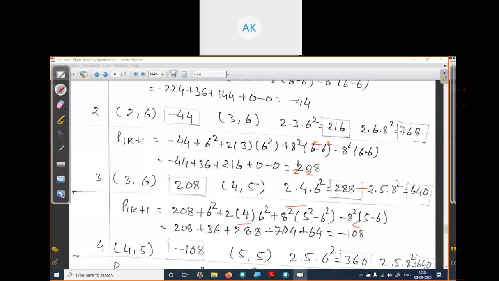Again calculate, and you will get 202. As you can see, it is a positive number, which means the descent parameter is greater than or equal to 0. Then x moves with unit interval, 3 plus 1 is 4, and yk plus 1 will be yk minus 1, 6 minus 1 is 5. Calculate our condition again. As you can see, 288 is less than 640, so you are still in region 1.